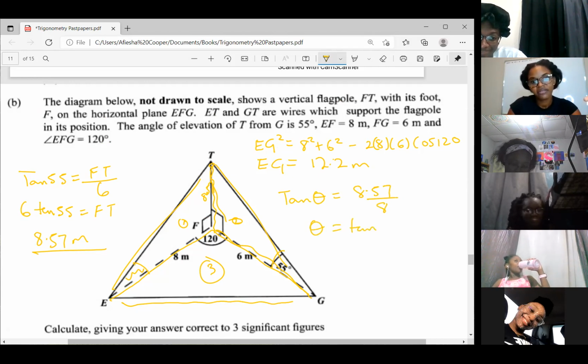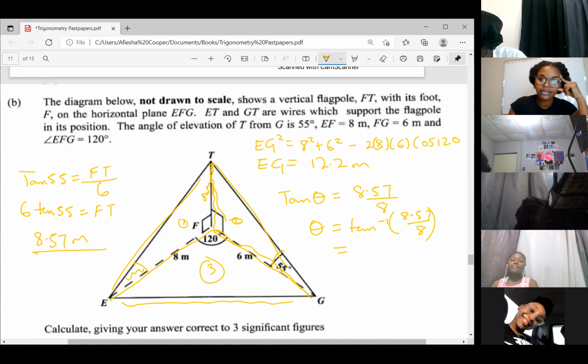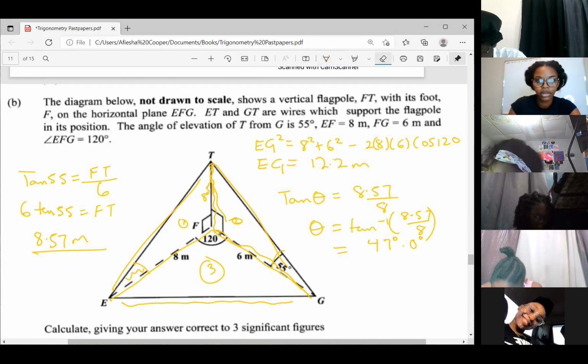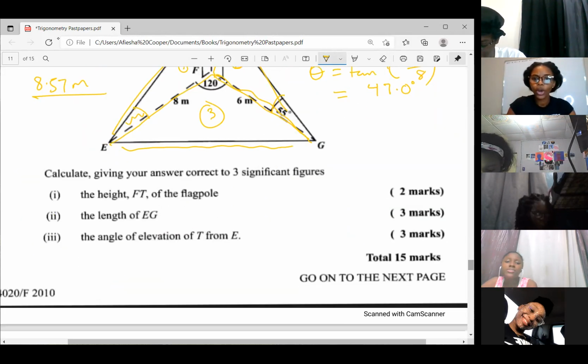So theta is equal to tan inverse of 8.57 over 8, which is how much? 47.0 degrees. Any questions? Okay, let us keep going.